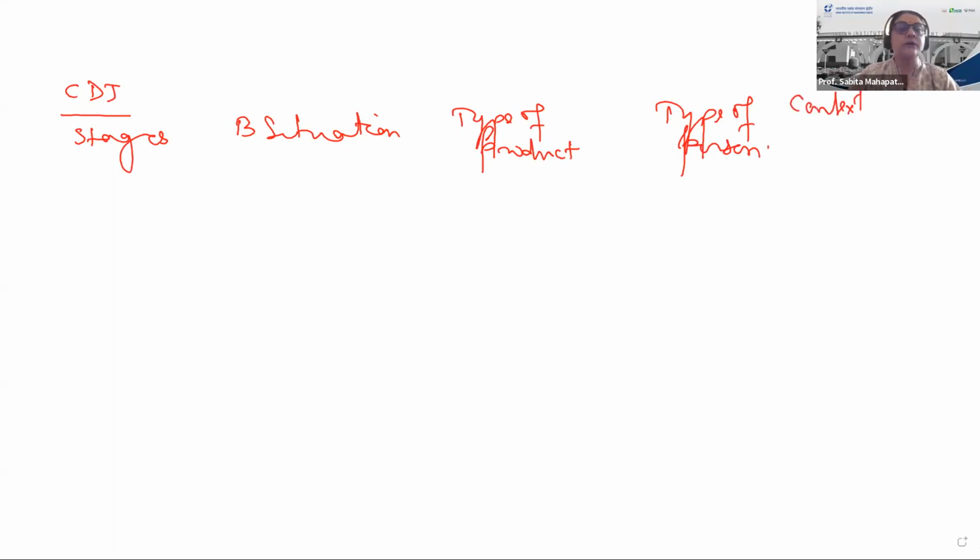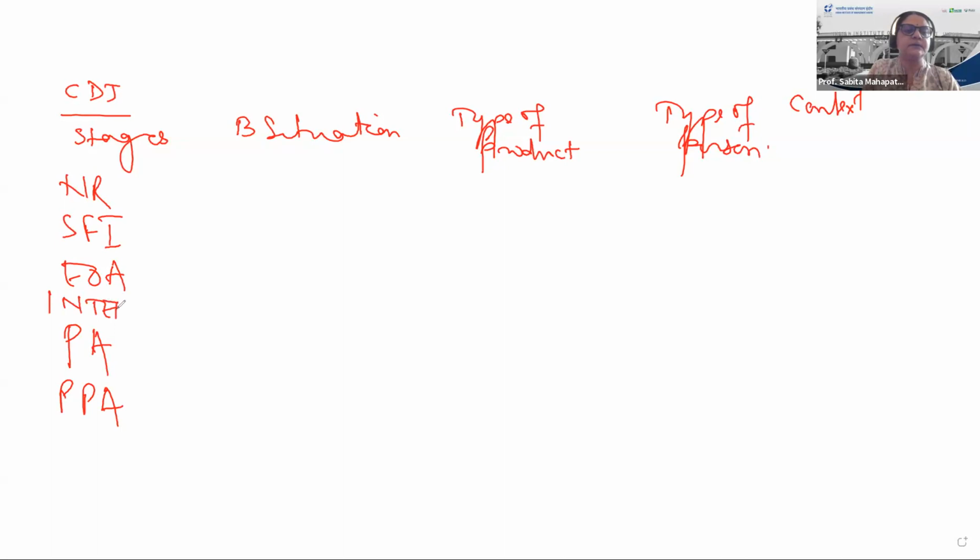The stages are need recognition, search for information, evaluation of alternatives, purchase action, and post-purchase action. Over here, intention.